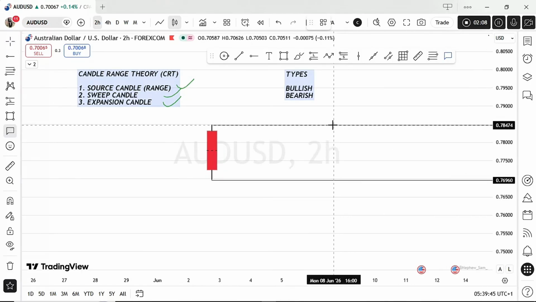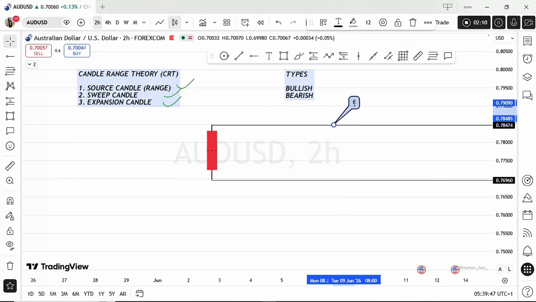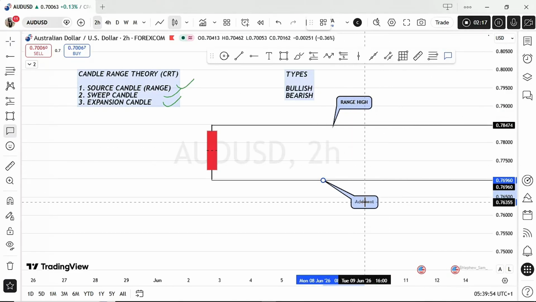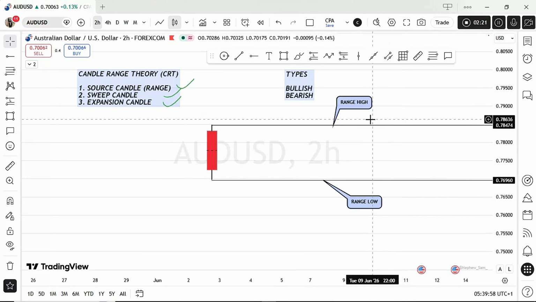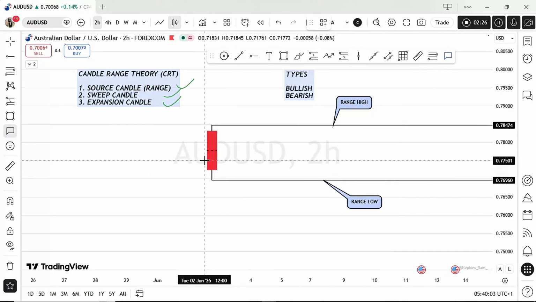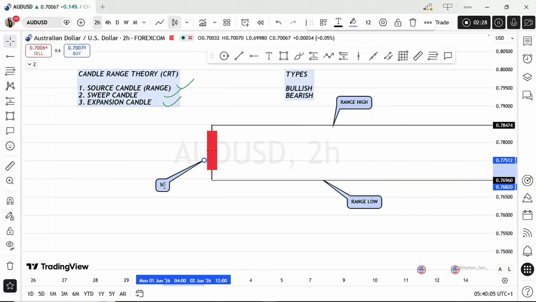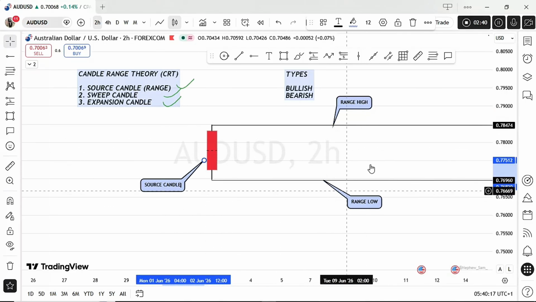So we have this as the range high, and we call this the range low, right? Now this is the source, called the source candle. The source candle comprises the range high and the range low.